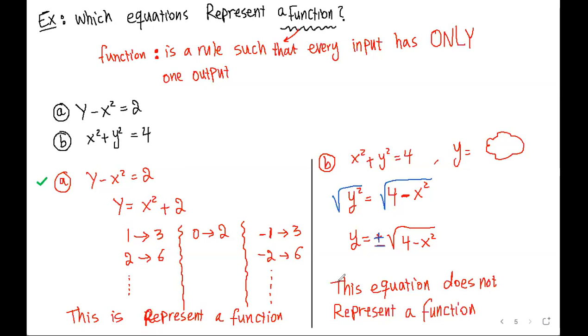Makes sense? Somewhat. Yeah. So when you take the radical square root of y squared, I cannot cancel the square with that. Especially in an equation, I have to put the two signs, the positive and the negative, as output.